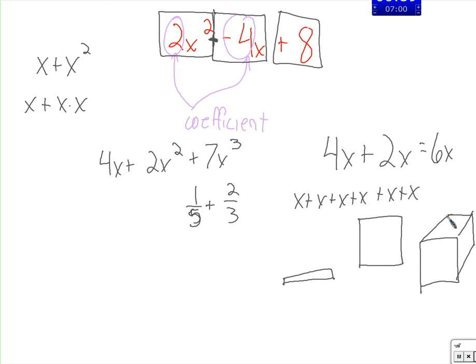Completely different dimensions, literally different dimensions. And so you can't add them together. Of course, you can multiply them together though. X times x squared, that's x to the third. This is x times x times x, 3 x's multiplied together.